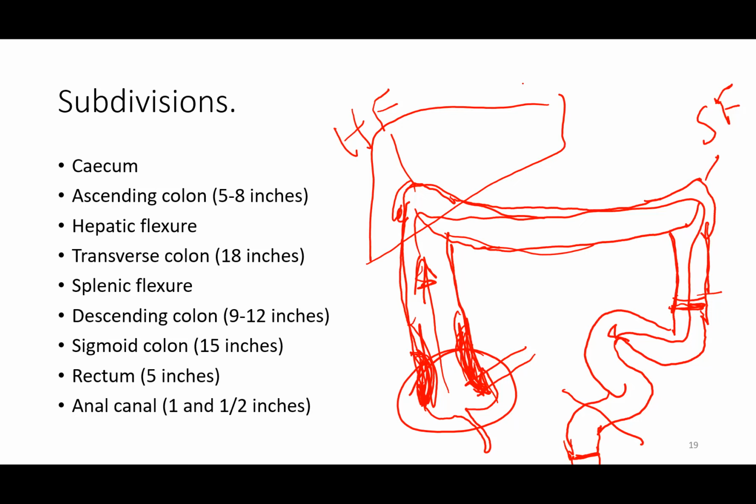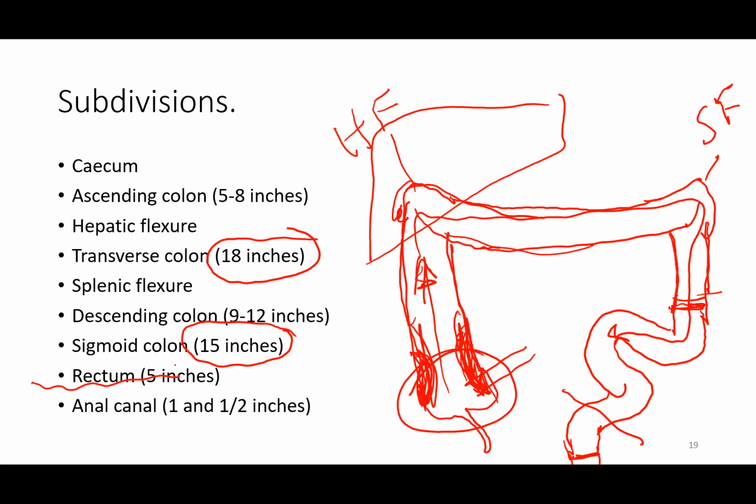Splenic flexure, descending colon, about 9 to 12 inches. Then the sigmoid colon is 15 inches. So don't forget, the transverse colon is the longest portion of the large intestine, followed by the sigmoid colon. The rectum is 5 inches, and the anal canal, which is a separate entity, is 4 centimeters, about 1.5 inches.